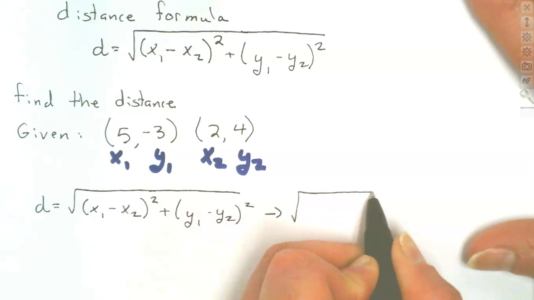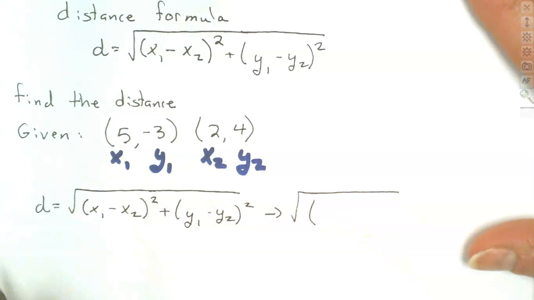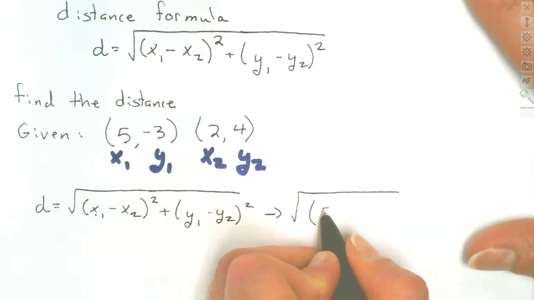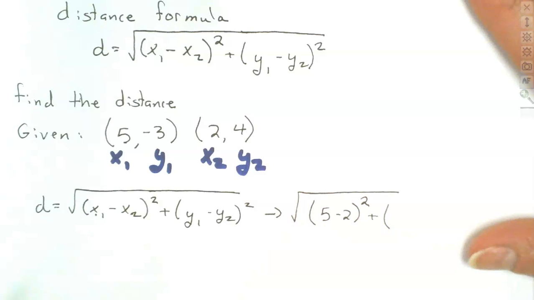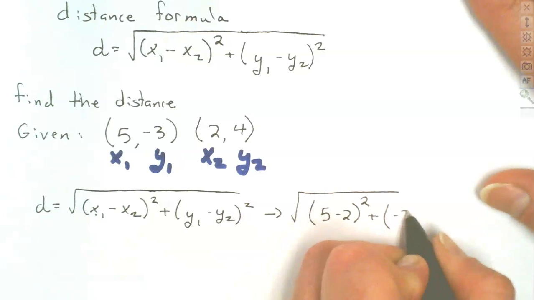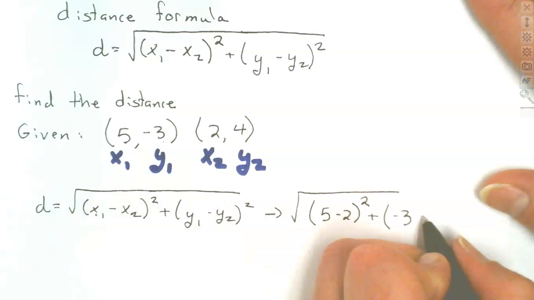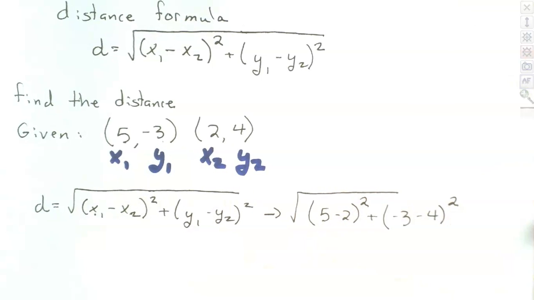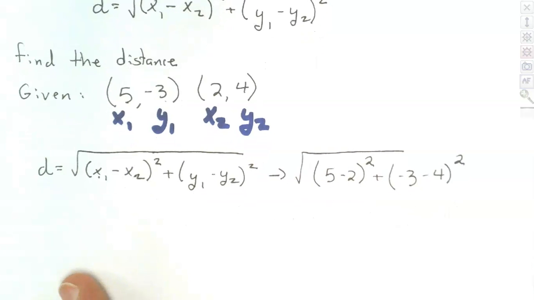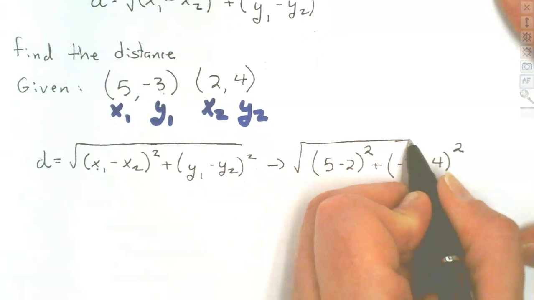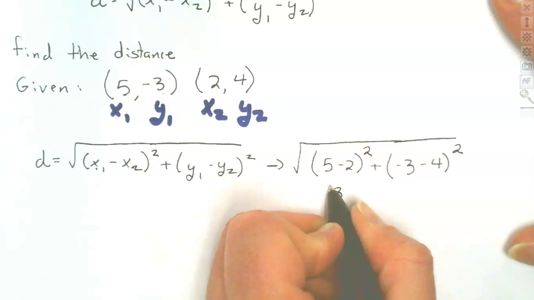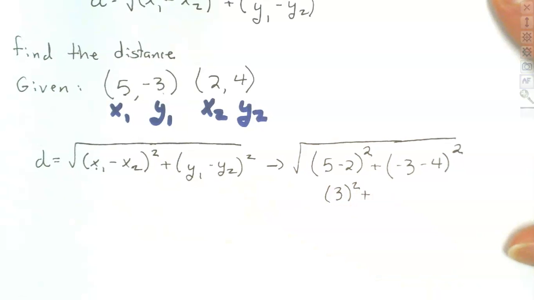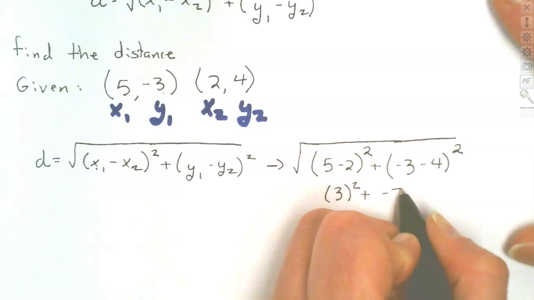So that's going to be the square root now of x1 minus x2. So that's 5 minus 2 quantity squared. And then we've got our y's, which is minus 3 minus 4 quantity squared. So take your time with these. Parentheses go first. So 5 minus 2 makes it a 3 squared. And minus 3 minus 4, that makes it a minus 7 squared.